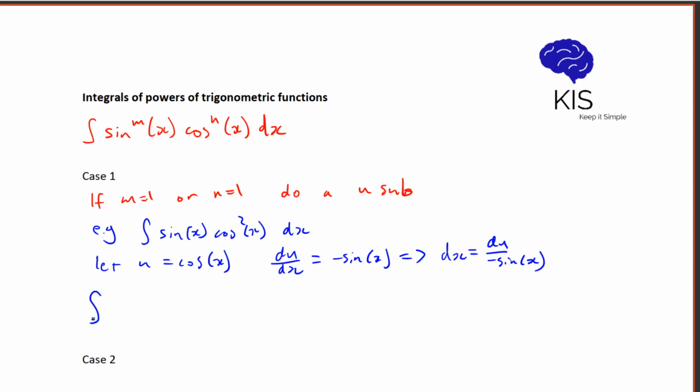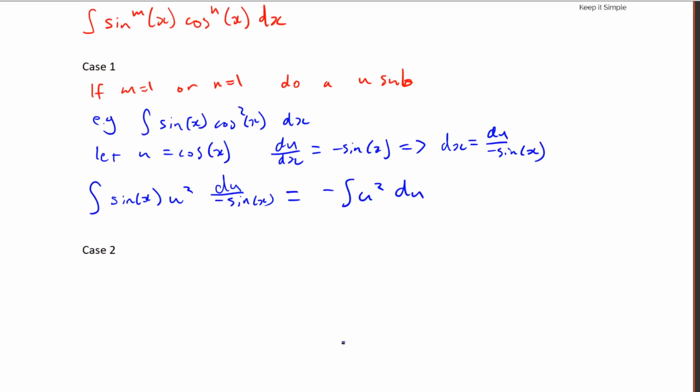So then this will become sine x u squared, and then du on minus sine x. The sine x will cancel each other out, and then it'll just be this as my expression, and I can do whatever.